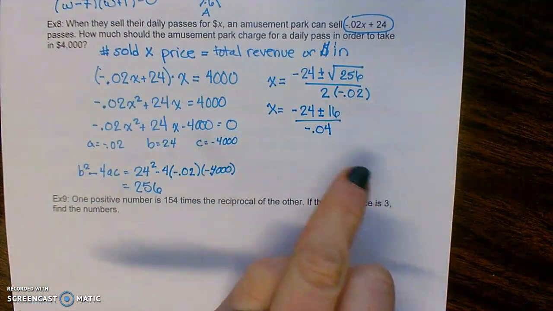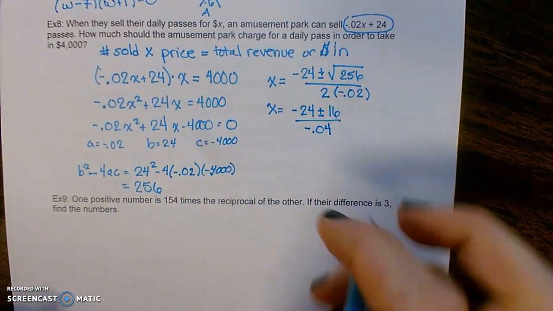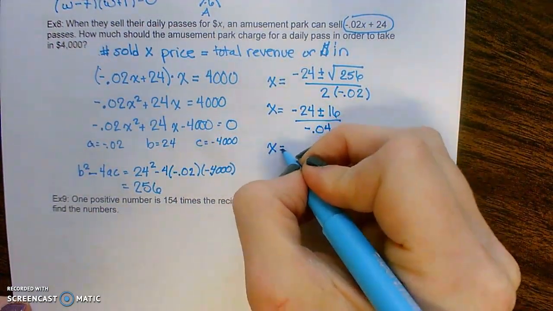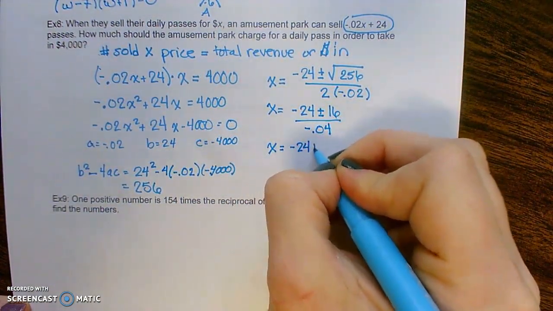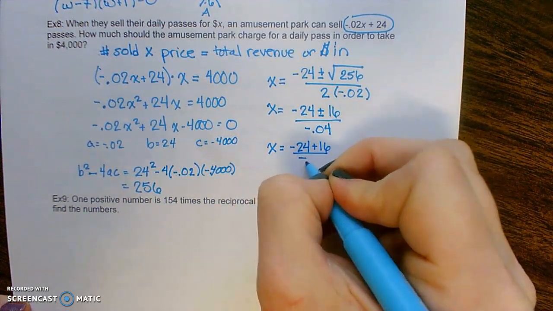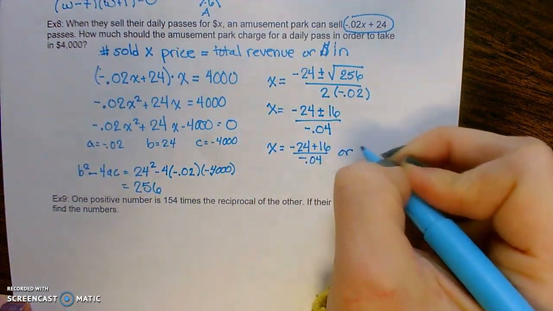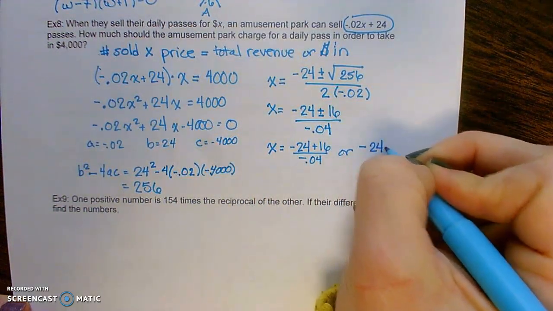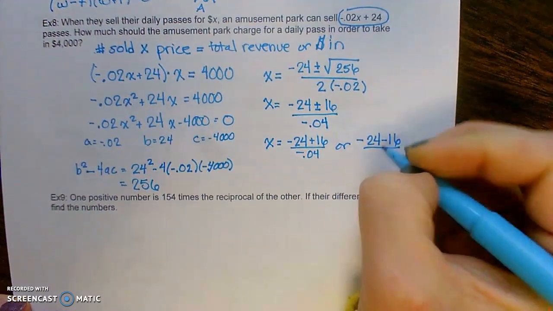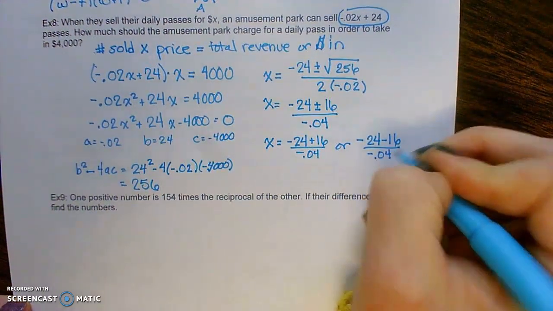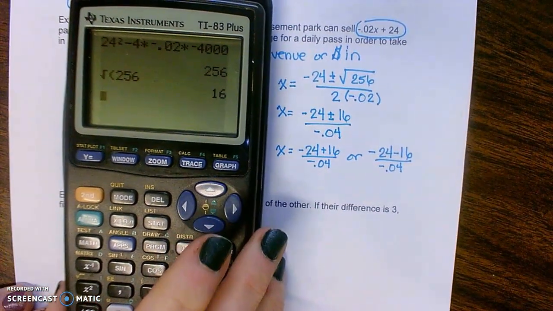Now remember, this plus or minus really means you have two answers: negative 24 plus 16 over negative 0.04, or negative 24 minus 16 all over negative 0.04. So let's do those calculations.